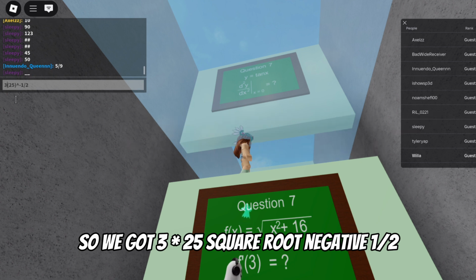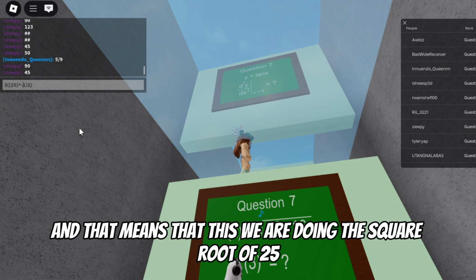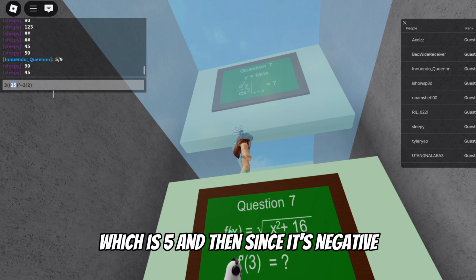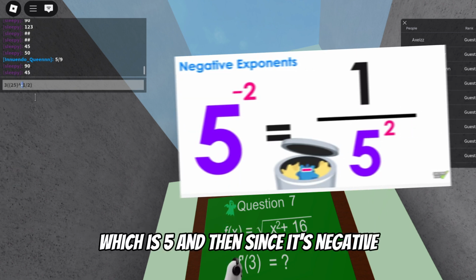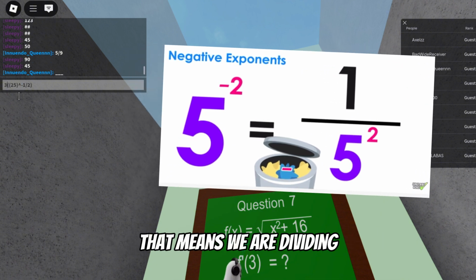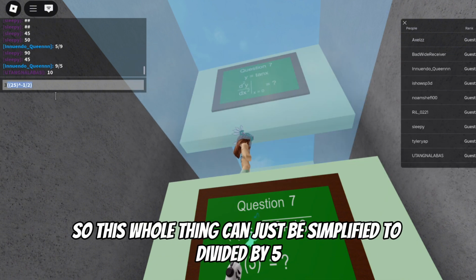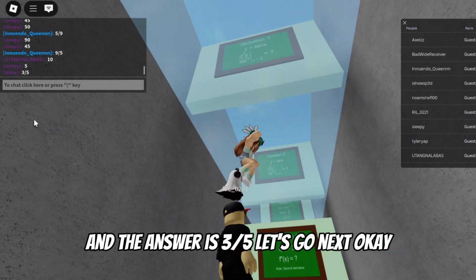So we got 3 times 25 to the negative 1/2. That means we are taking the square root of 25, which is 5, and since it's negative, we are dividing. So this whole thing simplifies to 3 divided by 5. And the answer is 3/5.